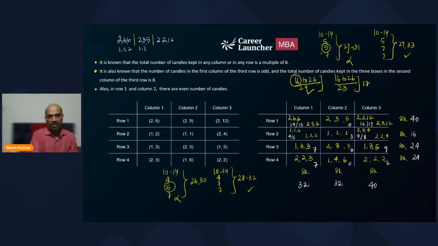This is fixed, 111. The next one is 234. The next is 133. Next is 233. Next is 135. Then we have 223. We have 146. And then we will have 222. So this is one case.